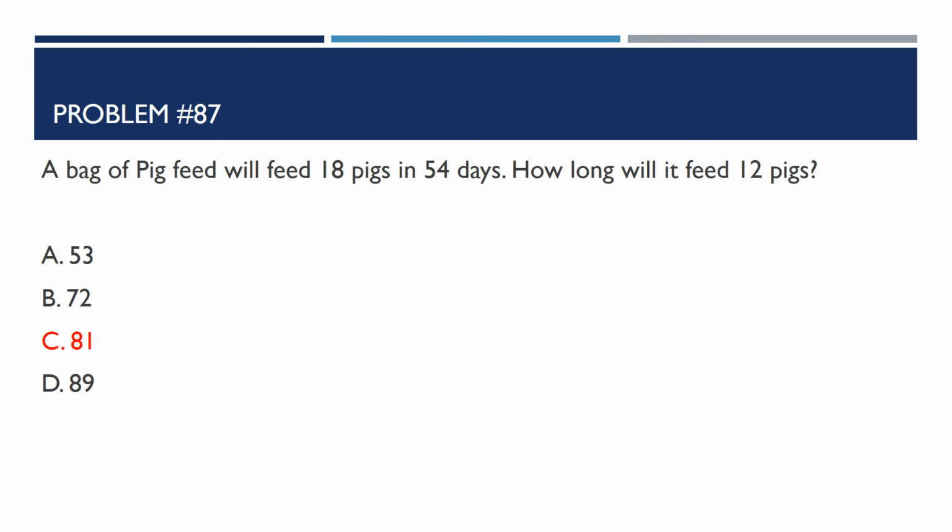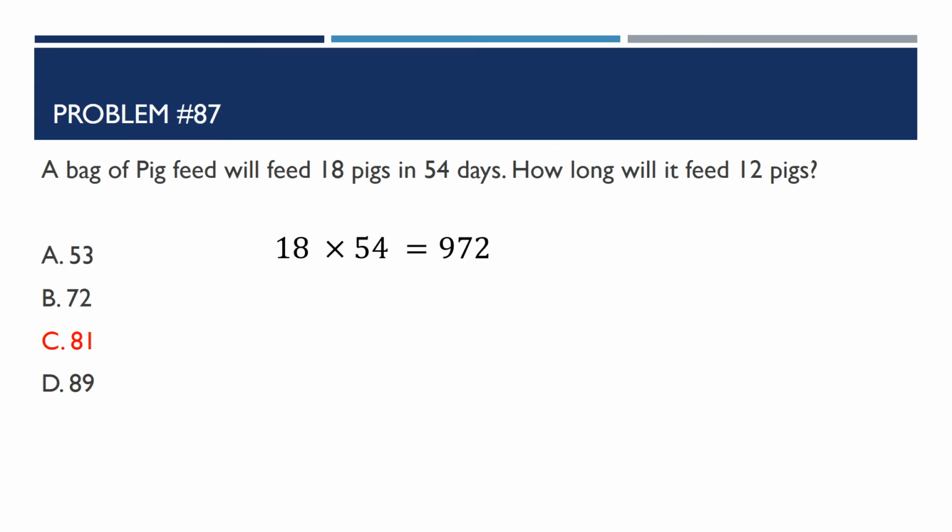It's given that there are 18 pigs, and it's also given that their pig feed will last for 54 days. So we're going to multiply by 54 to know how many feeds there are. So there are 972 feeds, assuming that each feed will last for 1 day for each pig.